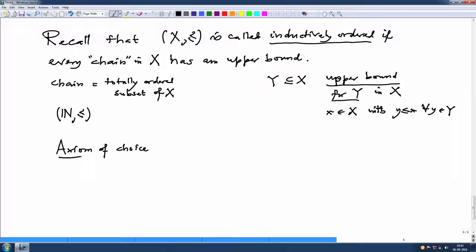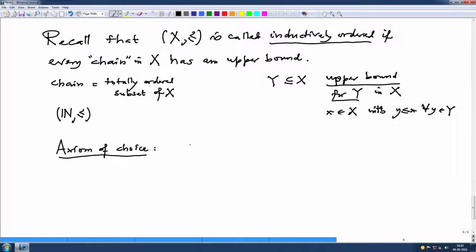So, let me briefly recall the axiom of choice, which is a more intuitive statement, very easy to believe, but it is also equivalent to Zorn's lemma.